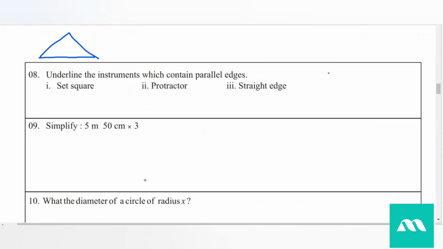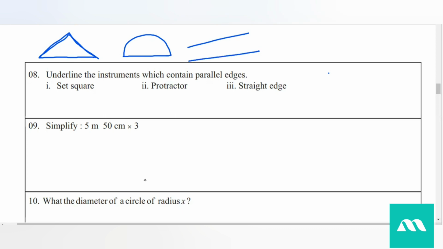Does this consist of parallel edges? If we consider a protractor, does it consist of parallel edges?